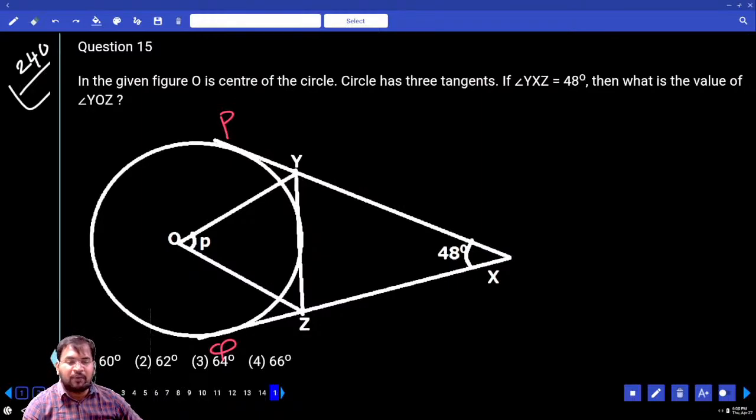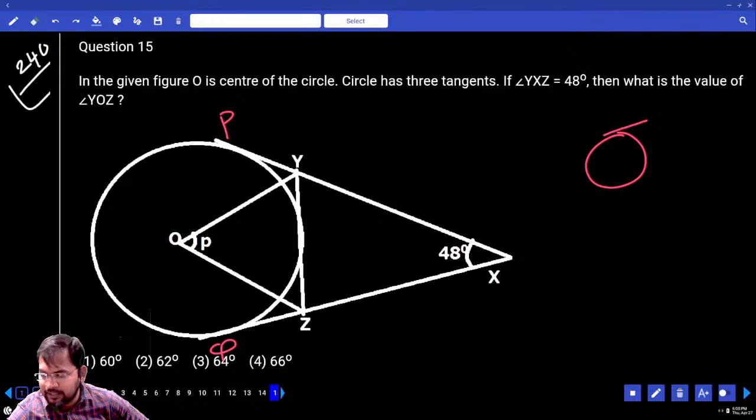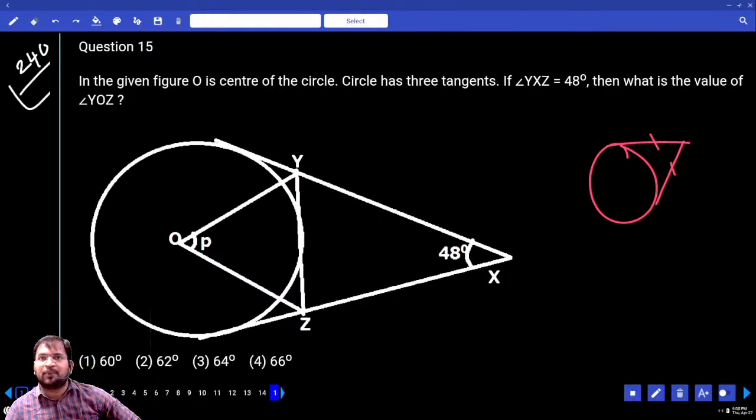Now, if you observe carefully here, this is a circle. If we draw n number of tangents for a particular circle, their lengths are equal. We know this property.